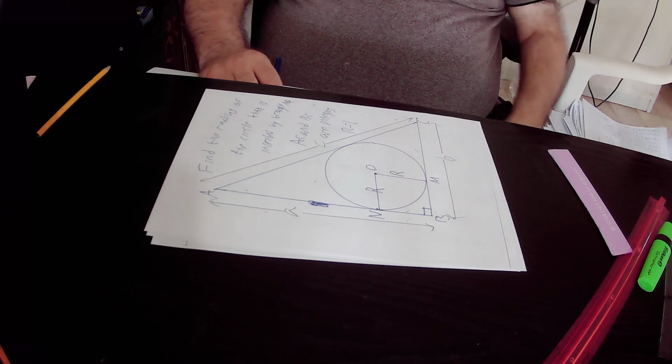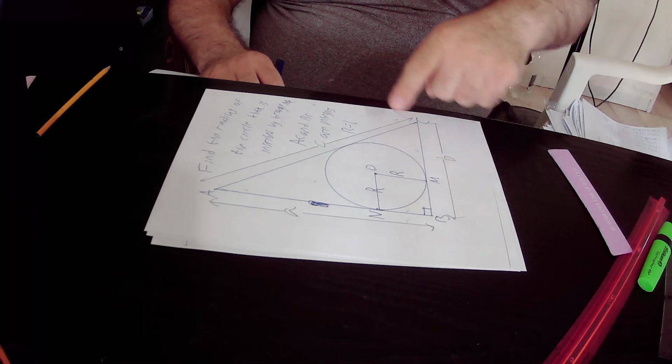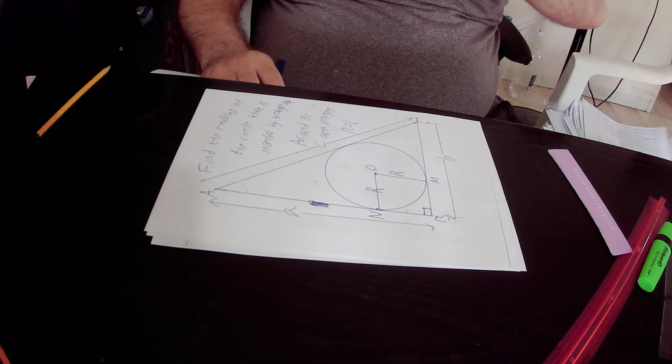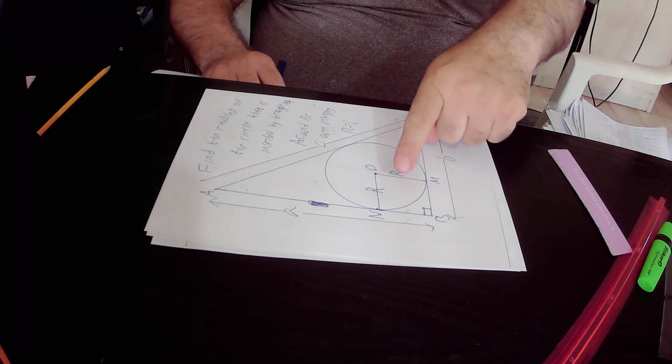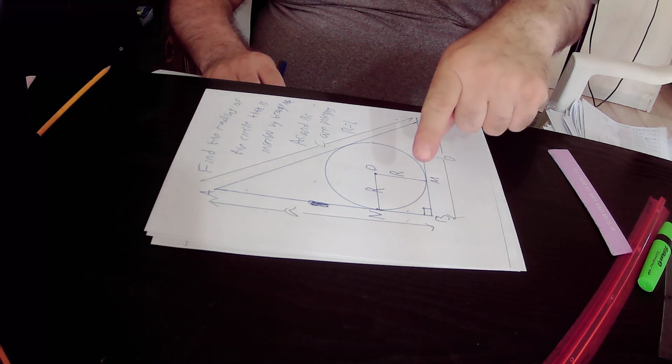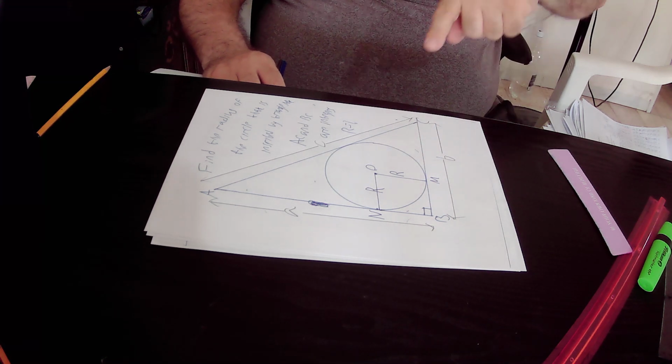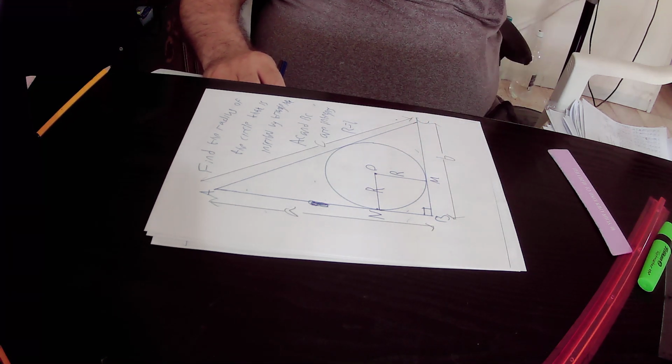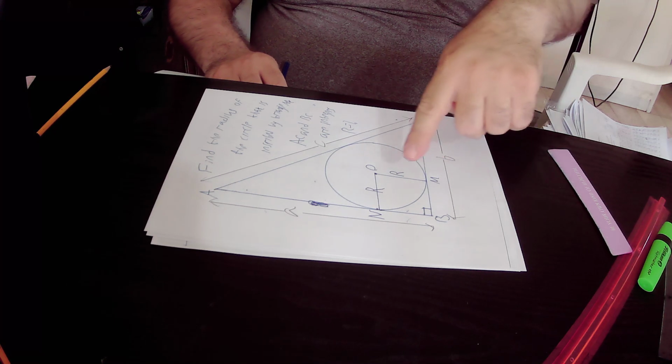So here we have this radius ON that is drawn to point N, the point of tangency of tangent AB with this circle.